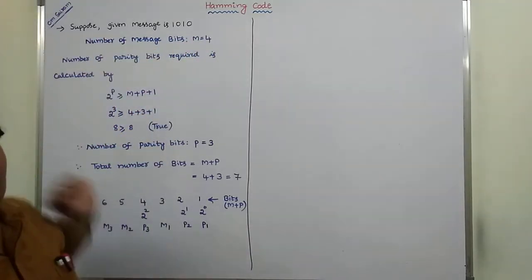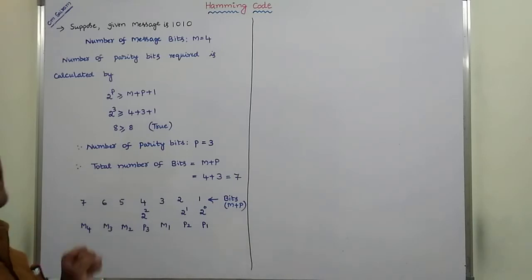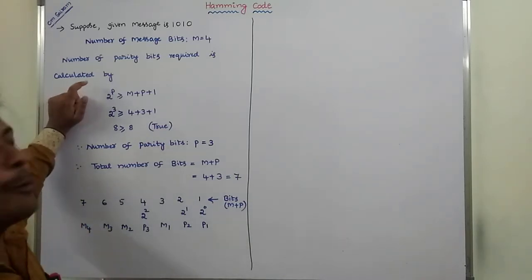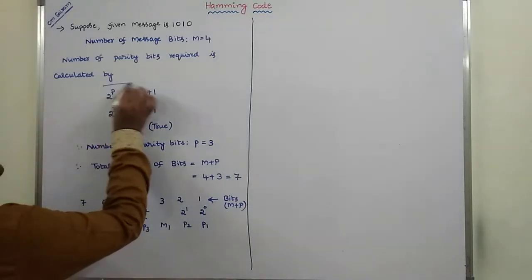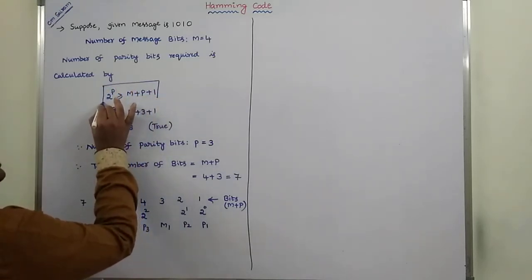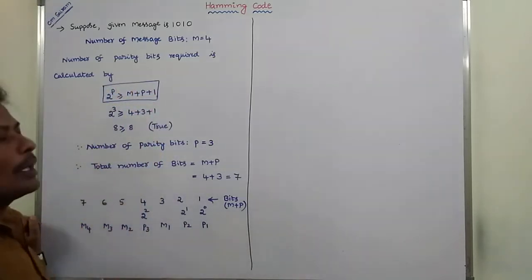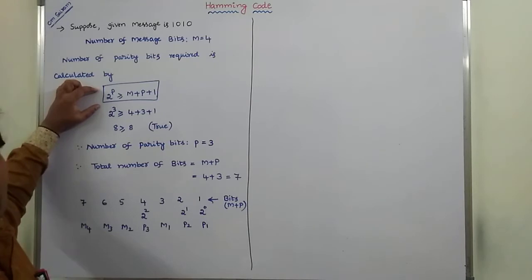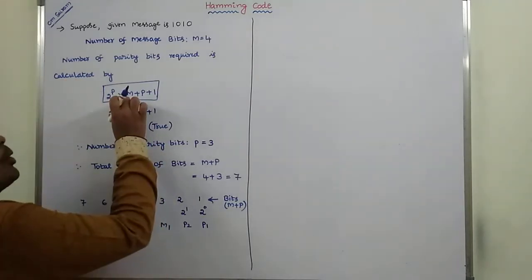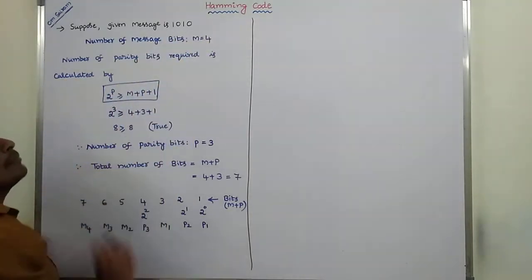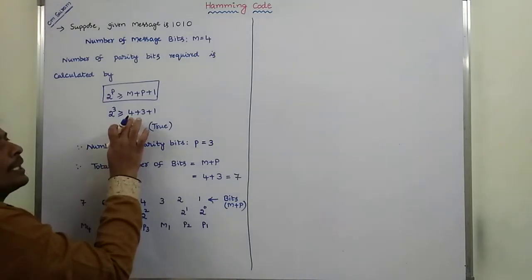The number of parity bits required is calculated using the formula 2 power p greater than or equal to m plus p plus 1. Here we only know m, which is 4.